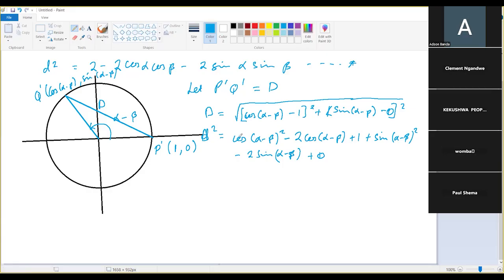Right. So here we have cos alpha minus beta minus 1. Remember that we have two coordinates. There's this coordinate P prime, which has 1, 0. The other coordinate is cos alpha minus beta and comma sine alpha minus beta. So using the distance formula, it will be x1 minus x2, and then y1 minus y2.